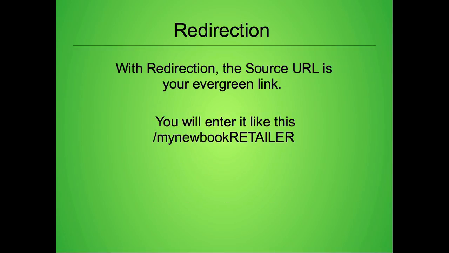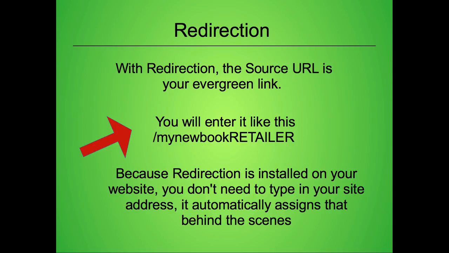So you enter it like this with a / and then whatever the last part of the URL you want it to be. You don't have to enter your website address because Redirection is installed on your website and it knows that behind the scenes it needs to add www.yourwebsite.com before the / in this example.